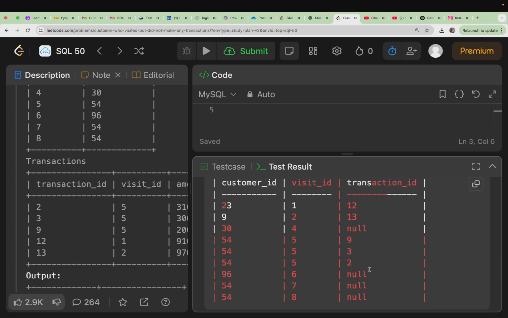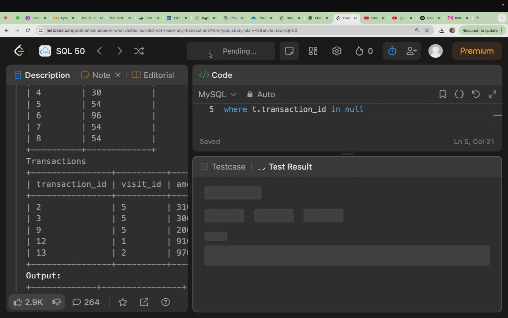So how will we get these four rows? Because these are the rows that we want to count. For that, we need to write a where condition, where T dot transaction ID is null. We want only those rows in which transaction ID is null.